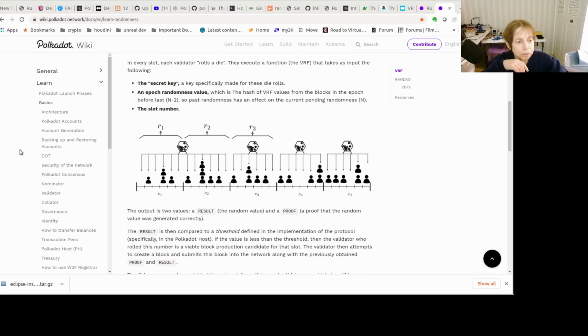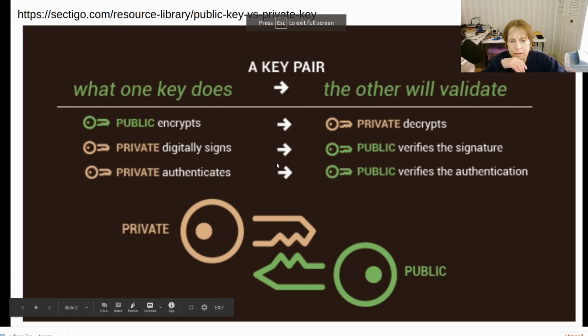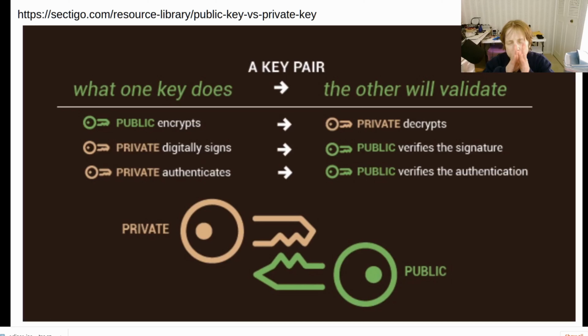So, understanding that, let's look at this. We talked about how it takes a secret key. Let's look at private versus public keys, which are very commonly used.